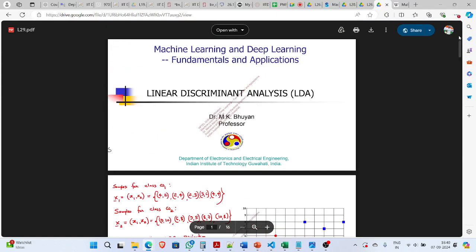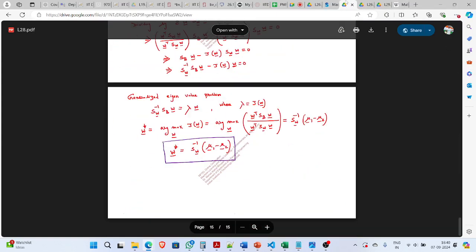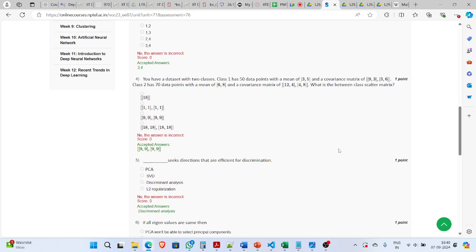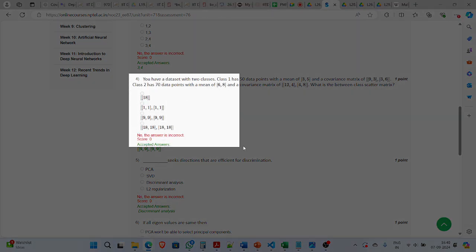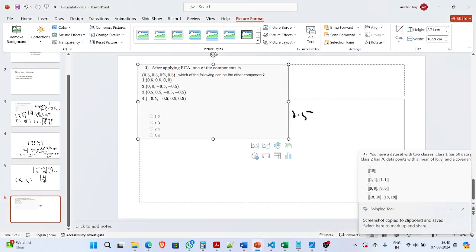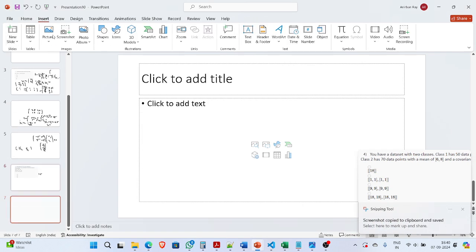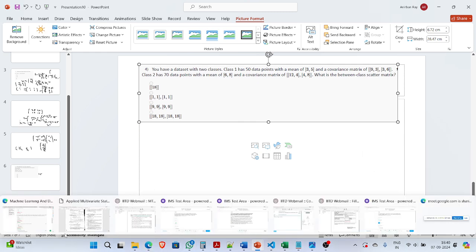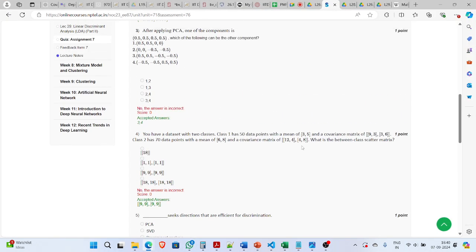But an easier problem is this one, question number 4. They have asked what the between-class scatter matrix is. That is easier. I will show you, it is just some multiplication and you get it.